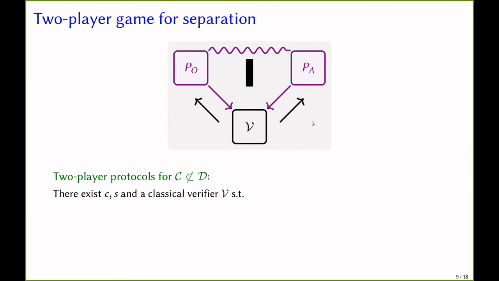So formally, a two-player protocol for separating C from D is as follows: there exist two parameters, called completeness and soundness, and a classical verifier V, such that if one of the players, called PA, which is the target machine that we want to certify its quantum depth, runs in C, then there exists a pair of players who share entanglement with each other, such that the verifier accepts with probability at least c.